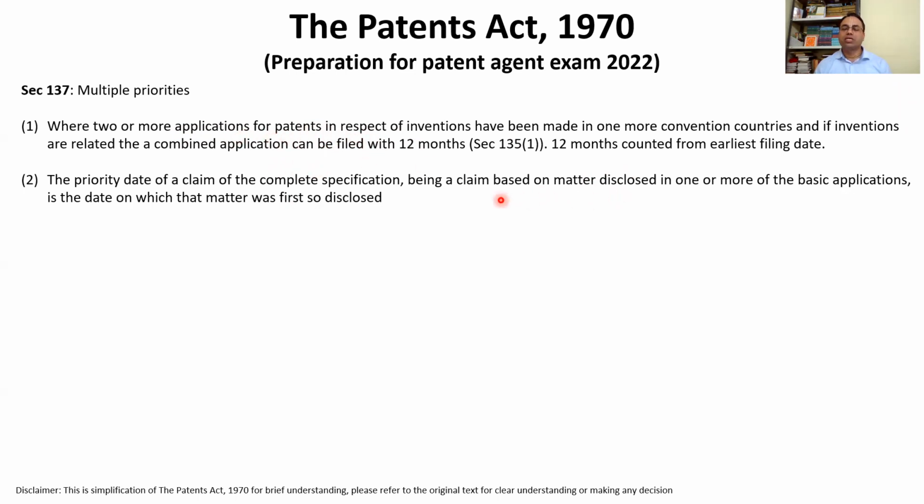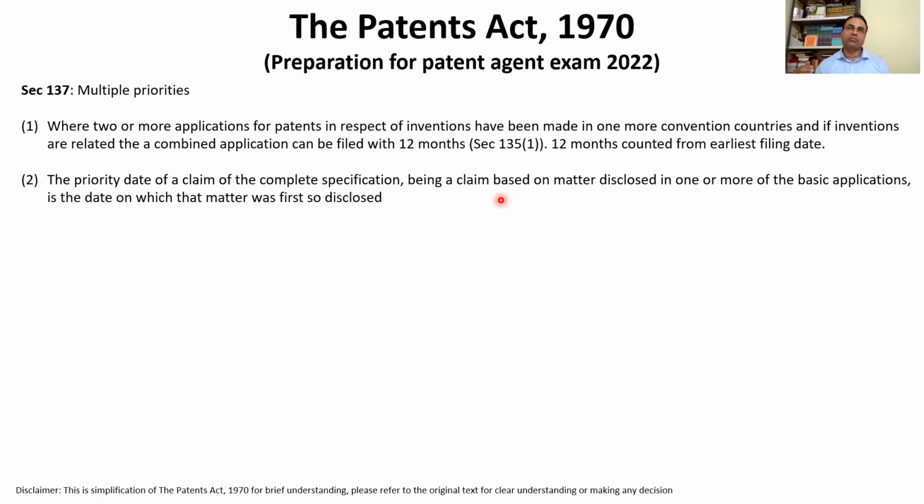But when you make claim references, so if you file one application in January, one in March, one in December, then depending on when that basic application was filed, while checking the validity of that claim, reference to that application will be made.